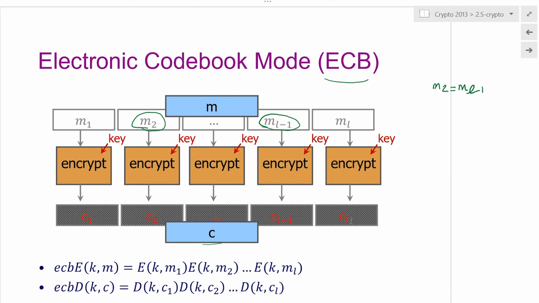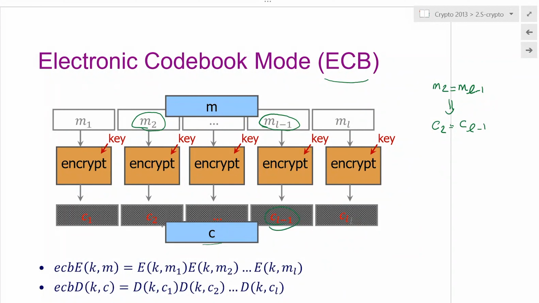Since we are using the same key for encrypting every block of the message, the C2, which is the encryption of M2 with this key, is going to be equal to CL minus 1, right?